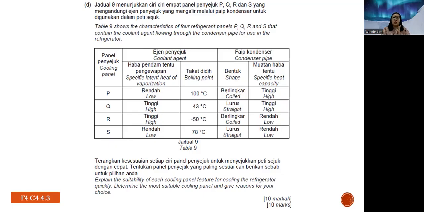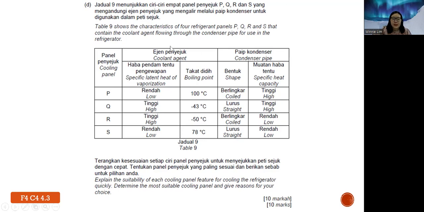This coolant agent is for a refrigerator. So the idea behind it is we want to absorb more heat. So we want to change the state of the object faster, which means in liquid form, we want it to quickly become gas. So you must have this idea.